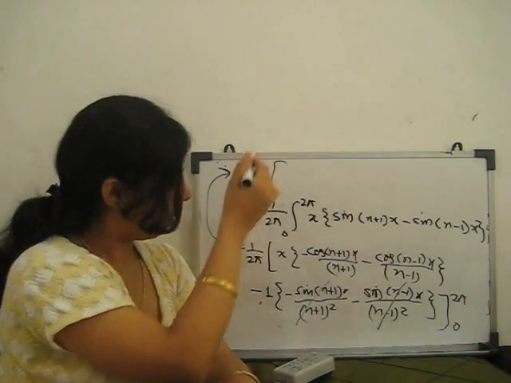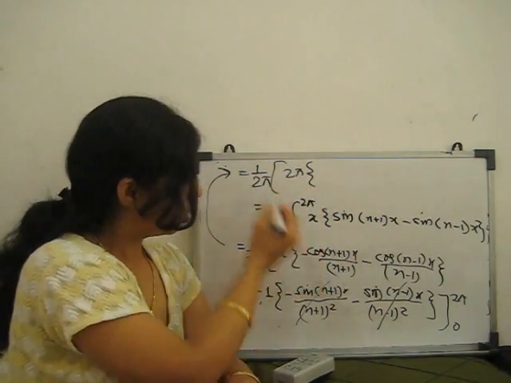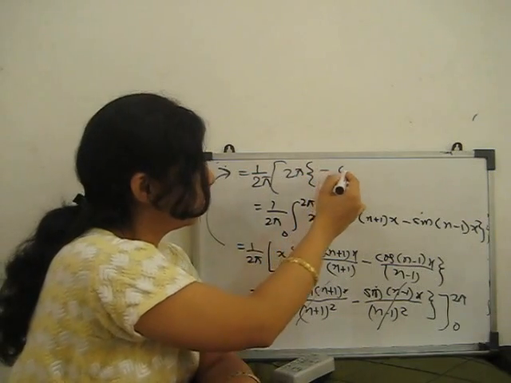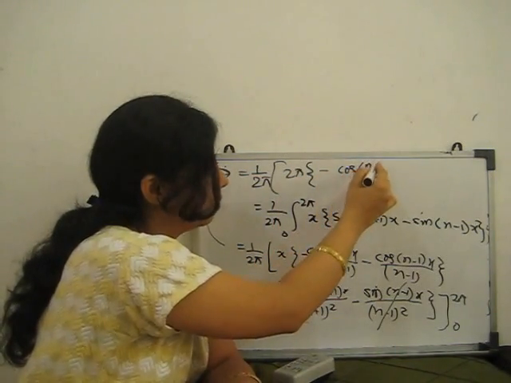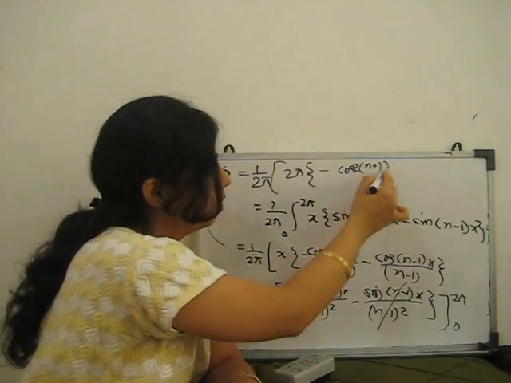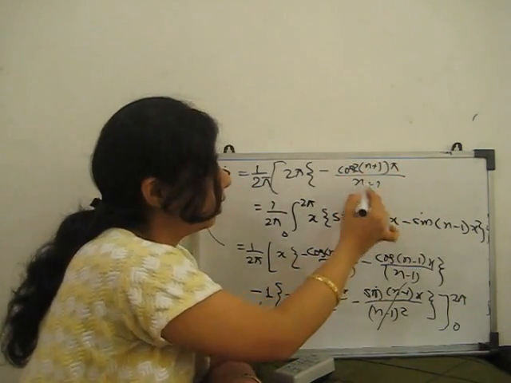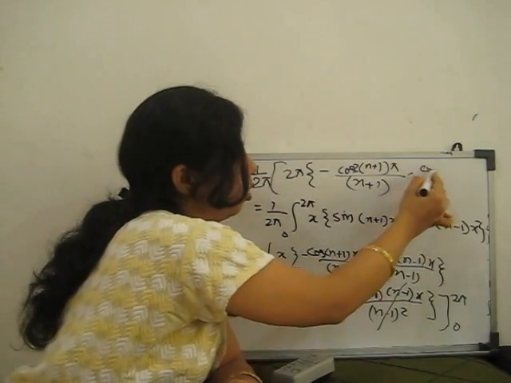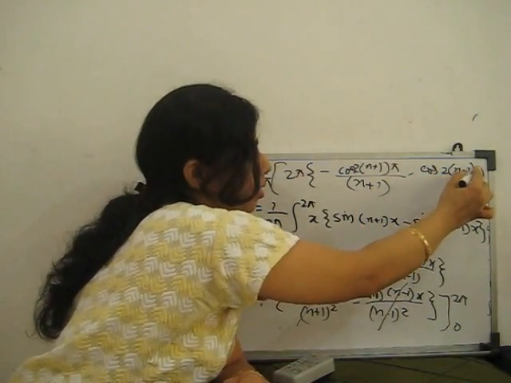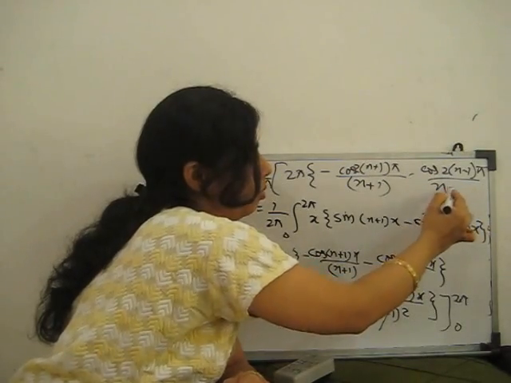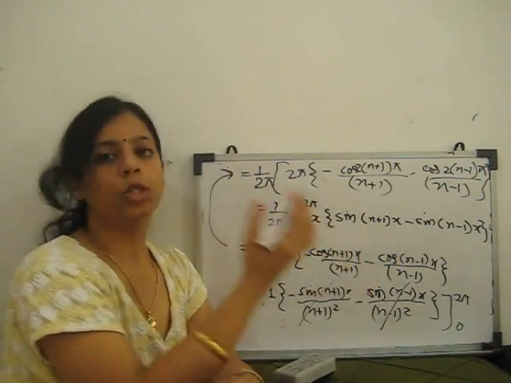When we apply the upper limit 2 pi, minus cos(2(n plus 1)pi) upon n plus 1 minus cos(2(n minus 1)pi) upon n minus 1, upper limit minus lower limit.